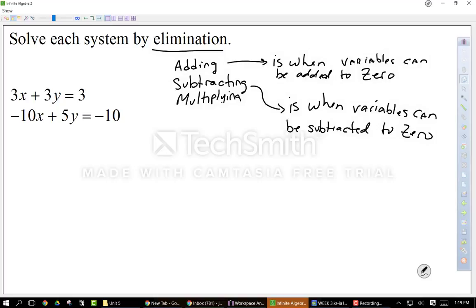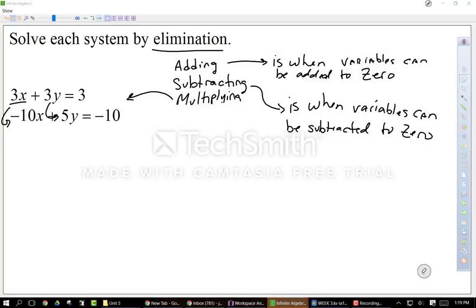Now, if I look at this particular equation, again, I'm going to multiply because the x's can't cancel if I add. The y's can't cancel if I add or subtract. Same thing. So I can't cancel anything just by adding or subtracting. So I'm going to have to multiply. But you'll notice I cannot multiply any one of these variables to get the other variable. So like 3 times nothing will give me 10. 3 times nothing will give me 5.